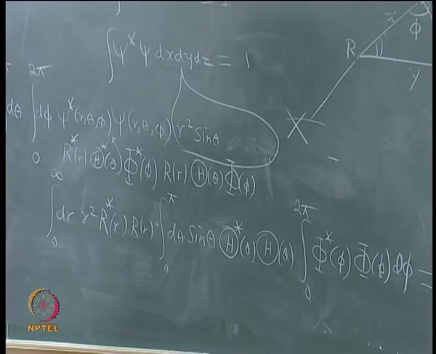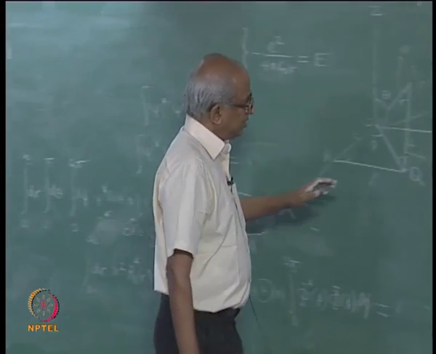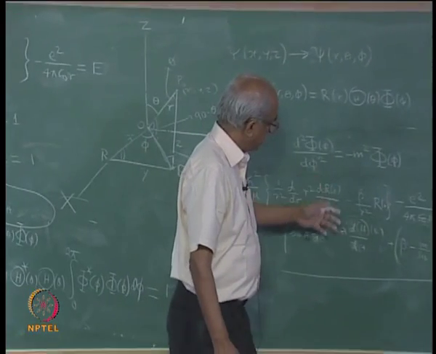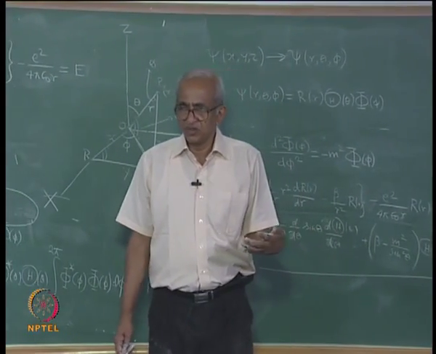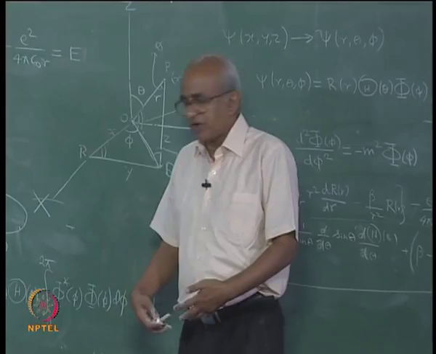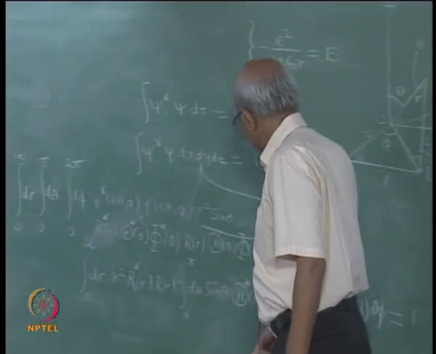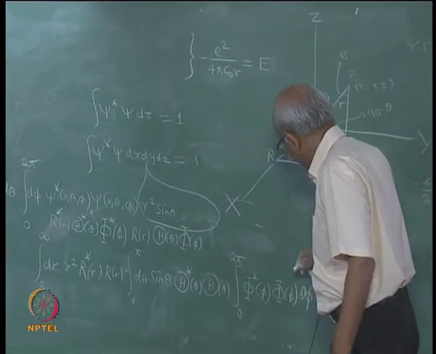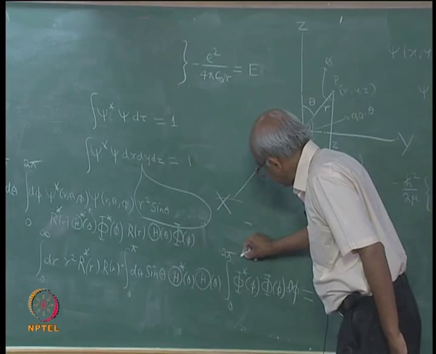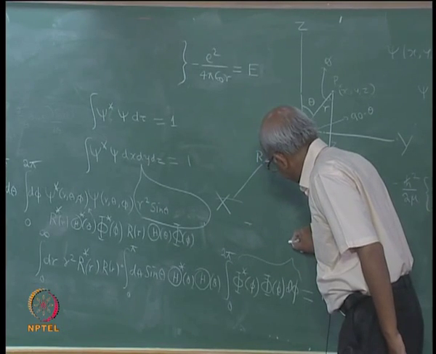And so, what we will do is, I am going to solve this equation. Similarly, there are equations for capital R and capital theta which also have to be solved. But after having found those solutions, I will impose conditions on them which will say that this integral must be equal to 1.